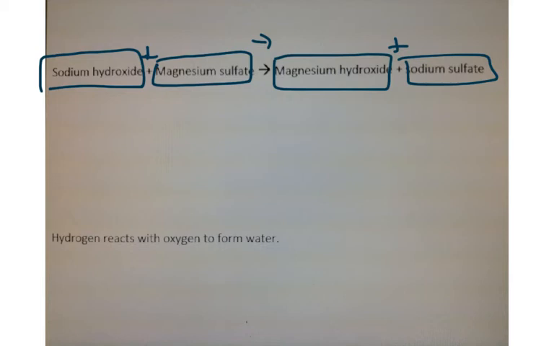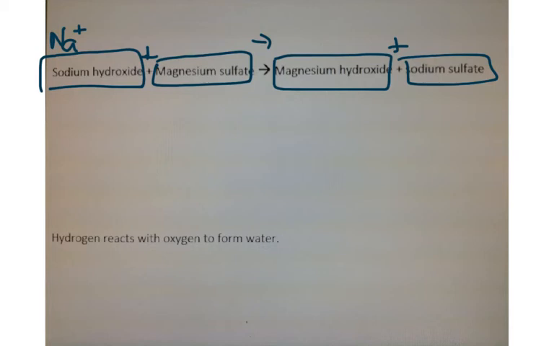Now going back to my formulas on the other side, sodium hydroxide is a compound, so I'm going to have to worry about my charges. What is sodium's charge? Sodium's charge is Na with a +1. You're going to look at your periodic table and your polyatomic ions sheet to figure this one out.